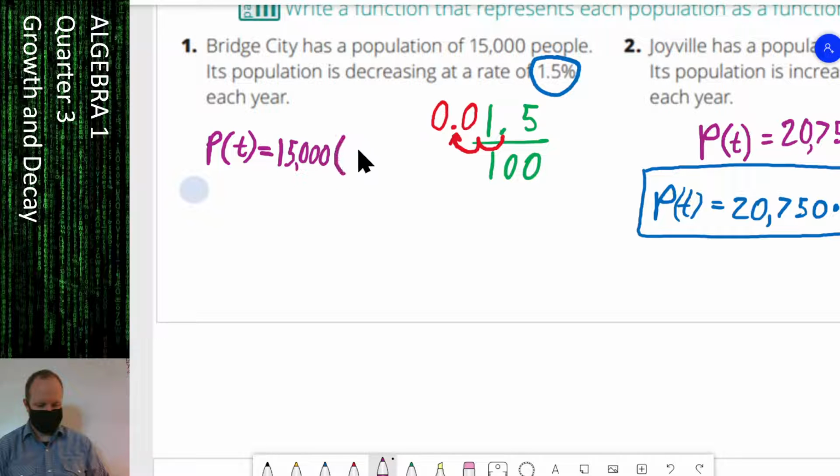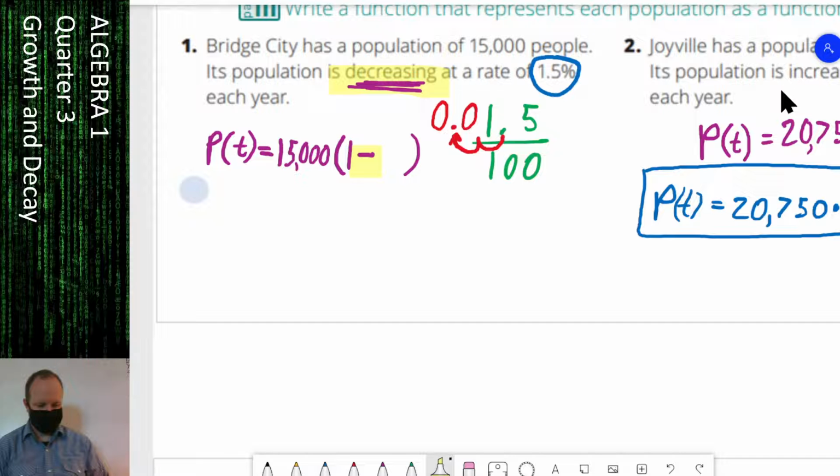And you're always going to have 1 plus or minus something. If we're multiplying a number less than 1 by itself, it's going to go down, right? So here it says decreasing, so we want our number to be less than 1. It needs to go down by 1.5%, so we're going to subtract. Whenever you see decreasing, that means you're going to subtract.